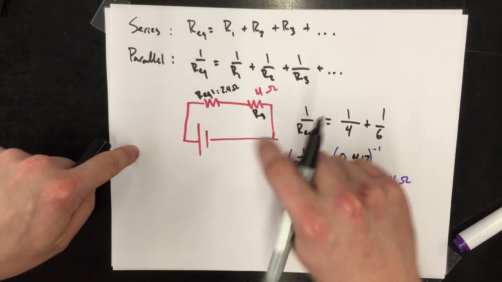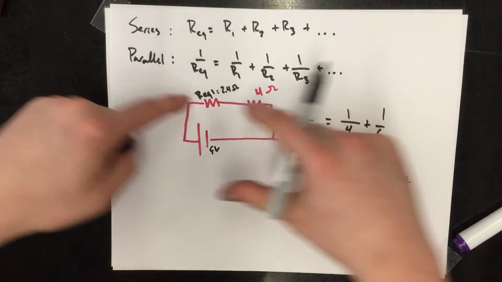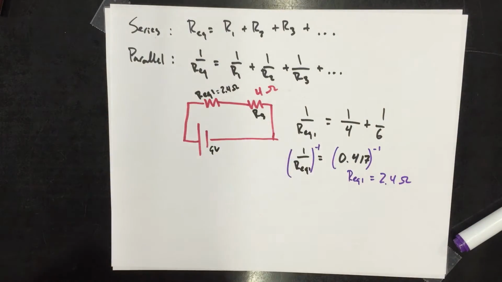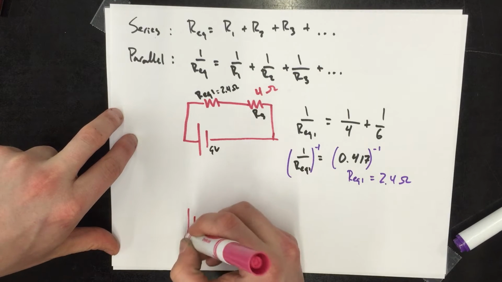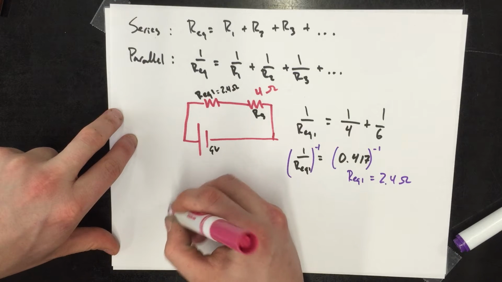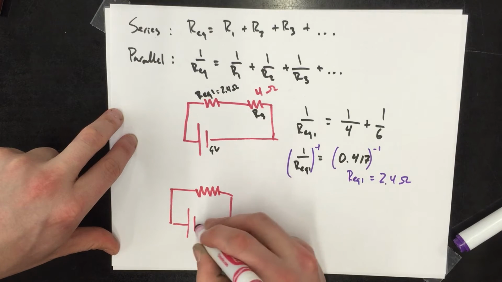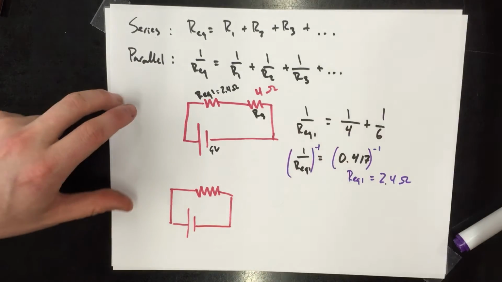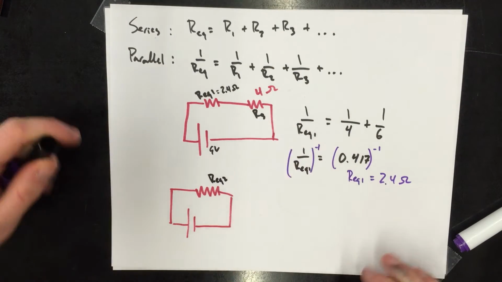So now I have a series circuit, remember this is still 9 volts, and I can now reduce this to an equivalent resistance. And this is what the final equivalent resistance would look like. There's my resistor, and this would be REQ2.